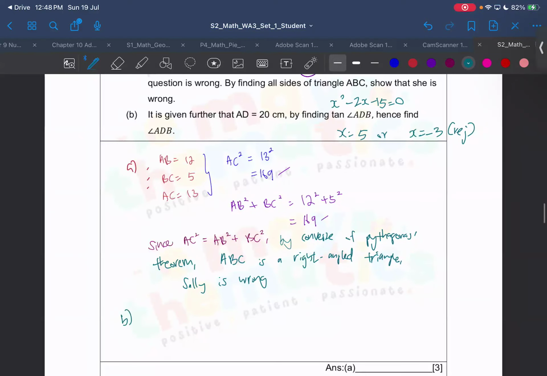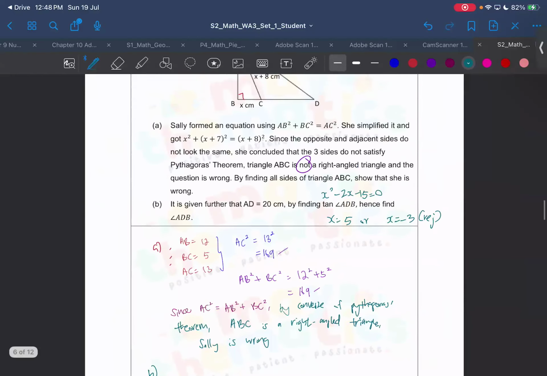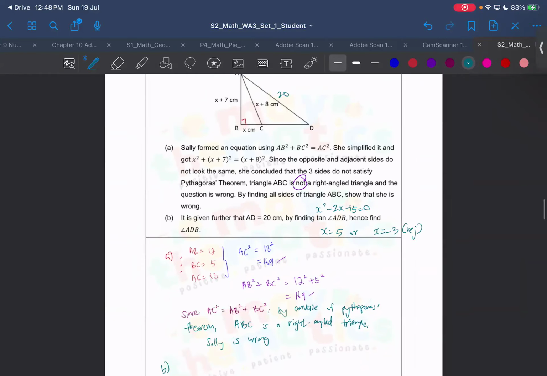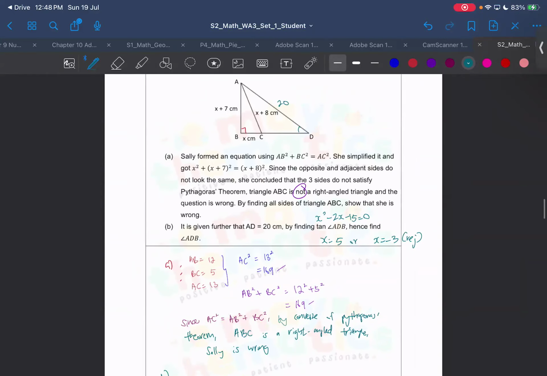Okay, part B. It is given further that AD is 20. So this thing is 20. By finding tangent angle ADB, hence find angle ADB. Oh, this one is testing on trigo already. Okay, so ADB will be over here.